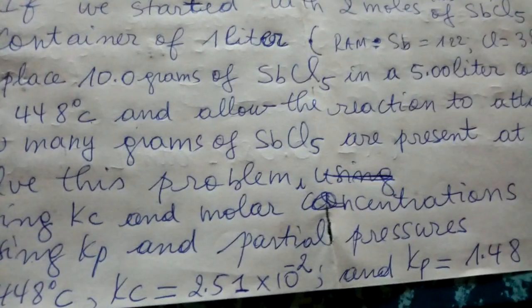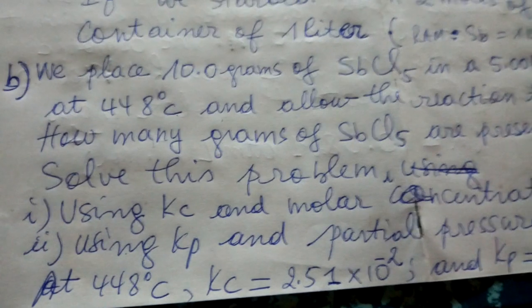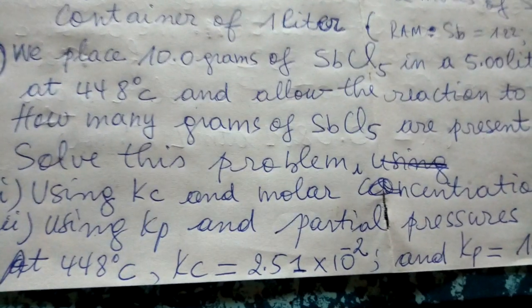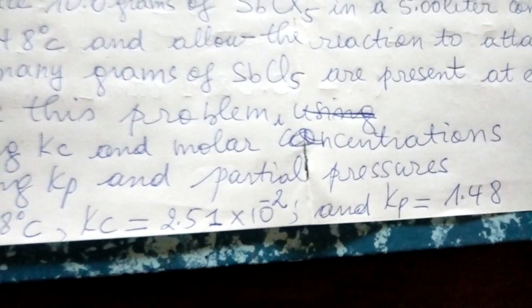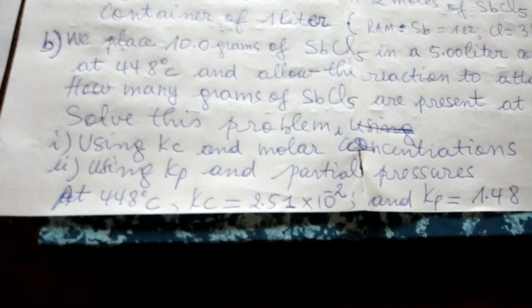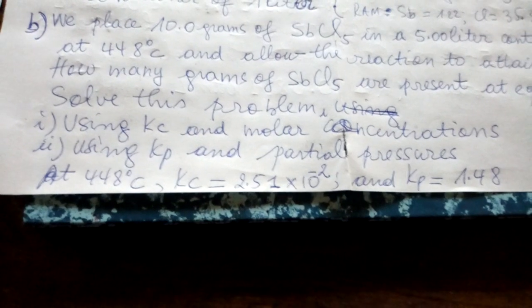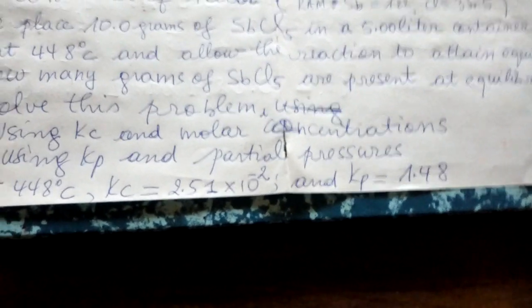Solve this problem: I, Roman 1, using Kc and molar concentrations; Roman 2, using Kp and partial pressures at 448 degrees Celsius. Kc is equal to 2.51 times 10 to the negative 2, and Kp is equal to 1.48.